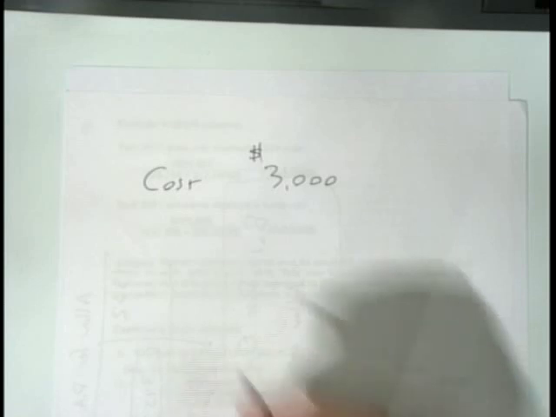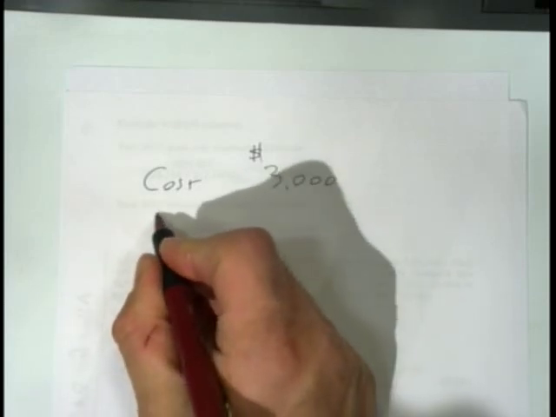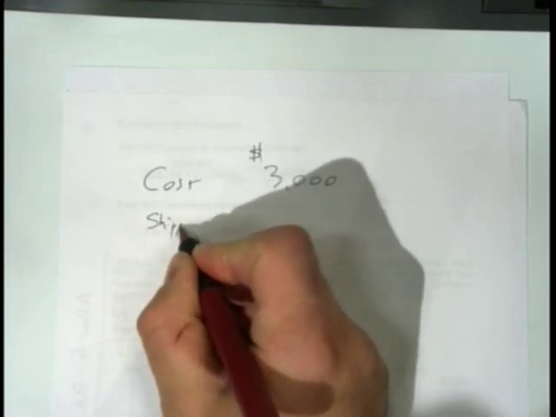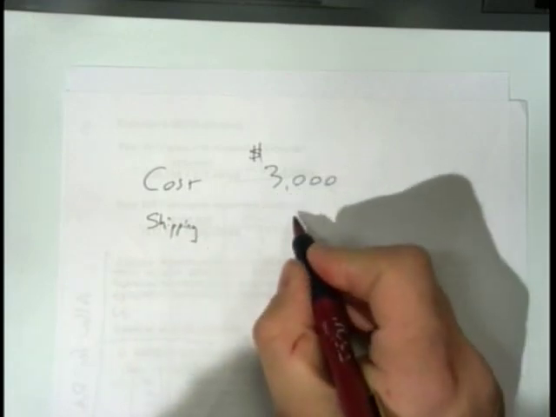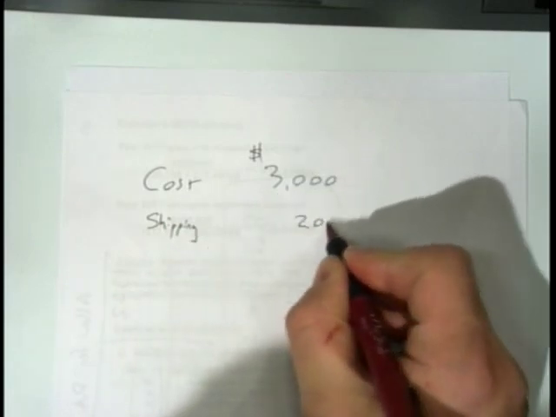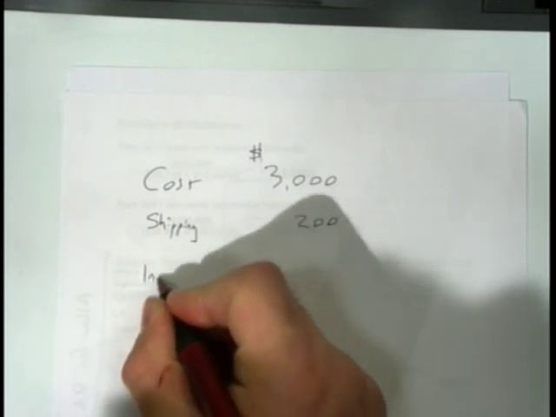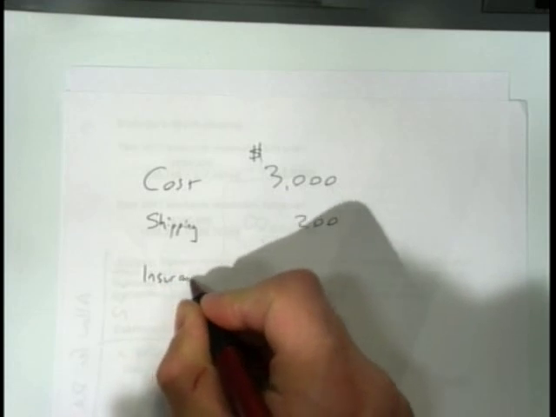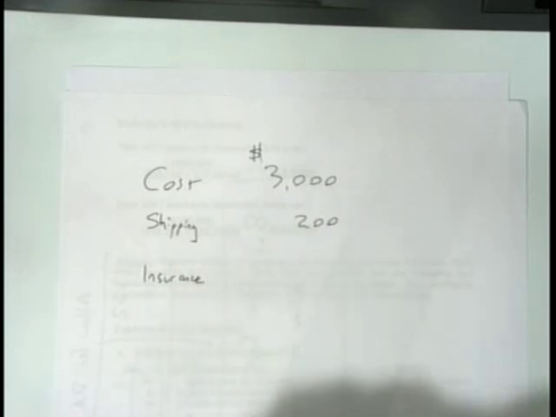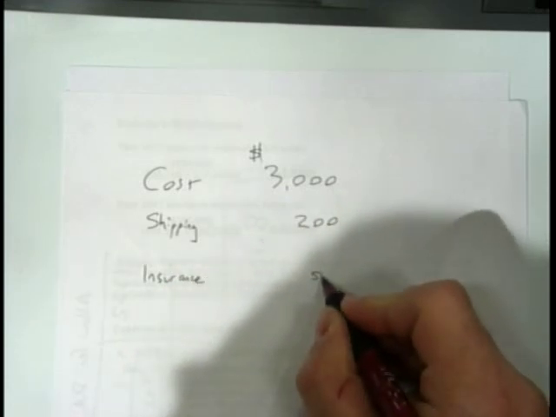They have to have it shipped to them, and it costs $200 to have it shipped. And when they have it shipped, they buy insurance on it, so if it's damaged, they won't lose out. Their insurance is $50 on that.